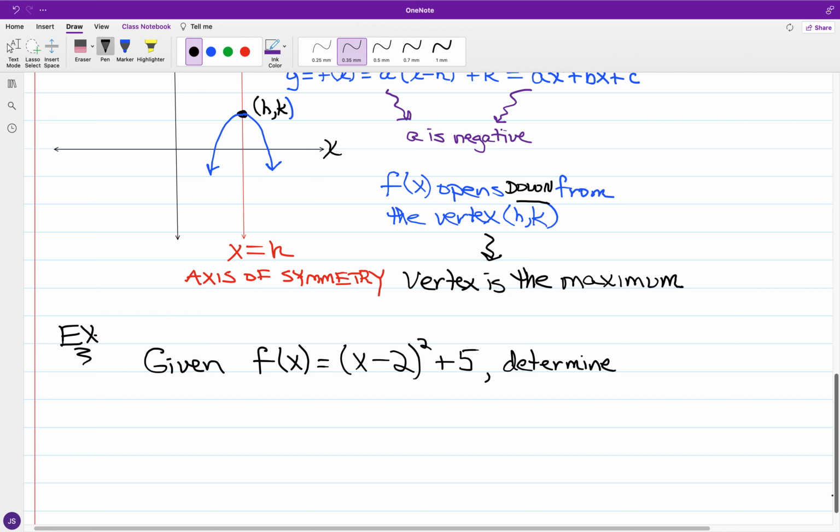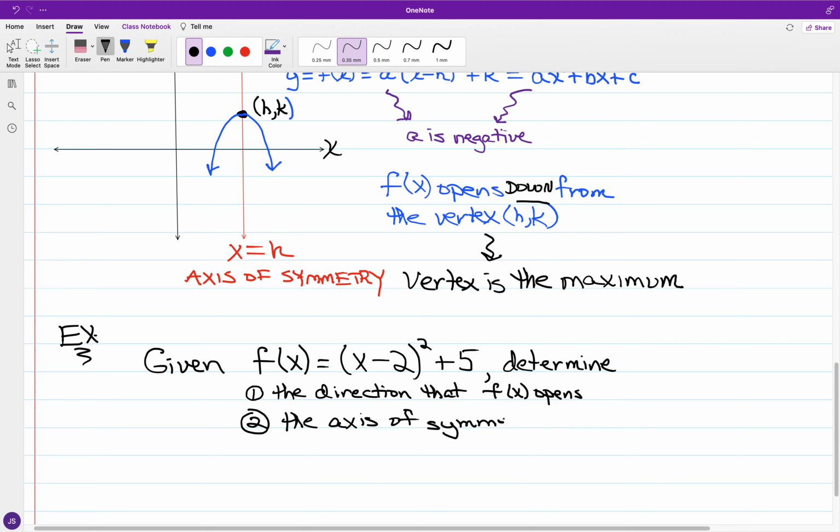Say we were to determine the following, just looking at the construct of this particular vertex form, we can determine the direction that f of x opens, the axis of symmetry, as well as the vertex.